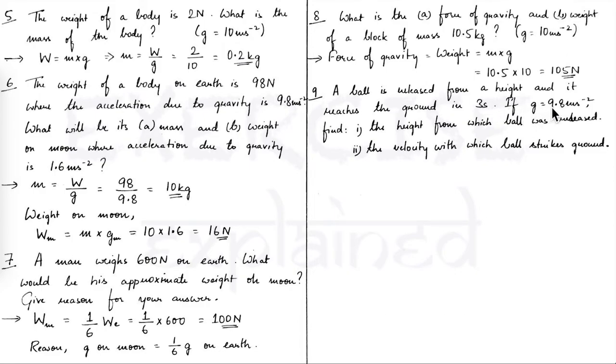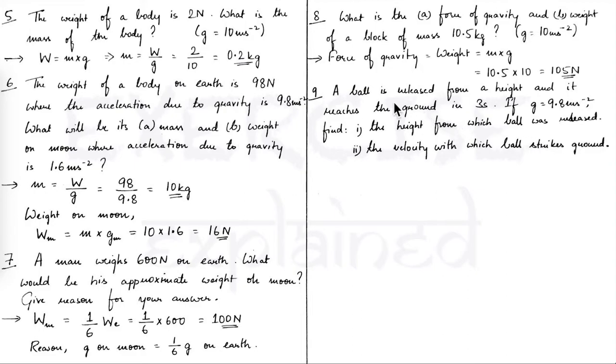If acceleration due to gravity is 9.8 meter per second square, we need to find the height from which ball was released, and second we need to find the velocity with which the ball strikes the ground.